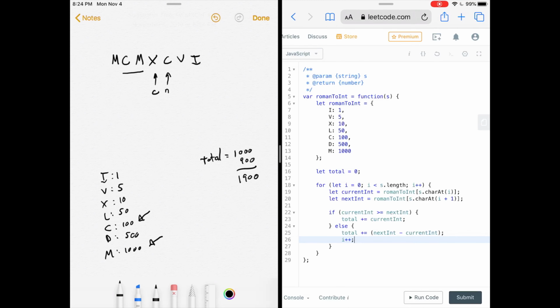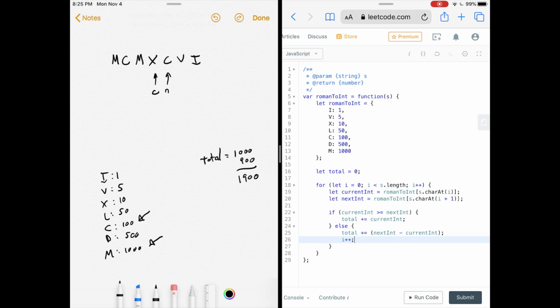All right, so now that we're inside of our for loop, we already captured current and next. They're X and C. So we'll go to line 22. Is our current int greater than or equal to our next int? No, because X maps to 10 and C maps to 100. So because it's not greater than or equal to, it'll go into the else statement.